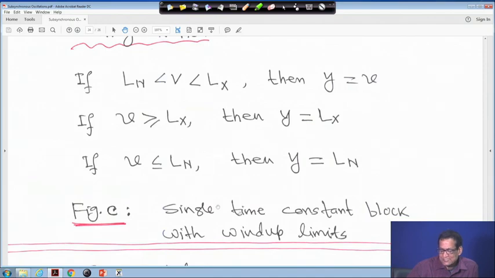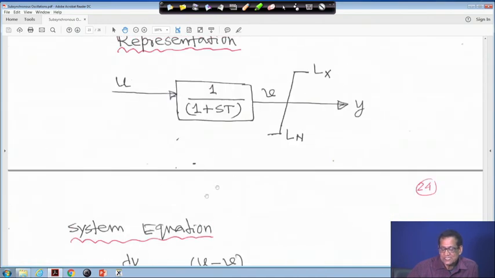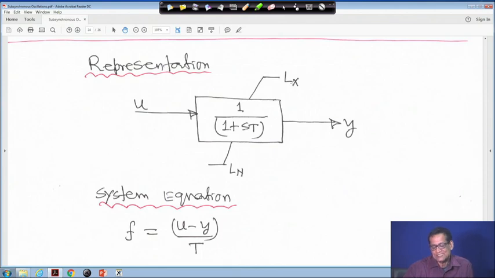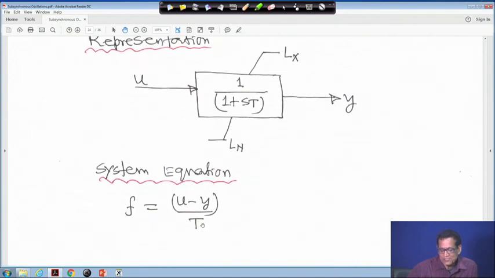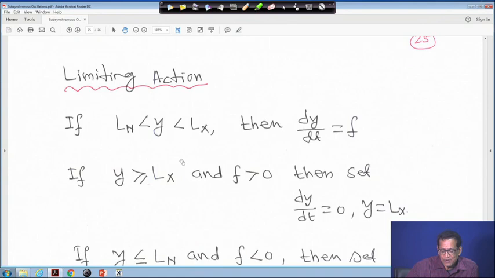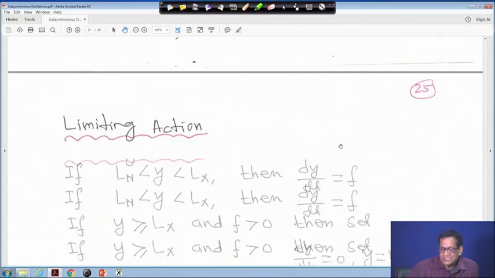So, this is a single time constant block with windup limit. Similarly, this is for non-windup limits, with the Lx and Ln limiter, 1 upon 1 plus sT, where this is u and this is y. So let us define f equal to u minus y divided by T. So let us define the system equation f equal to u minus y by T. Therefore, with the limiting action, if y is lying between Ln and Lx, then dy by dt is equal to f.